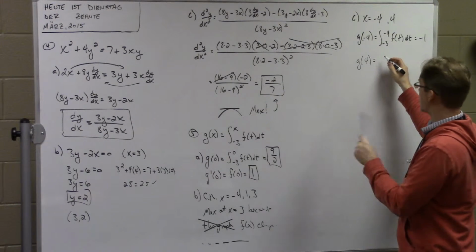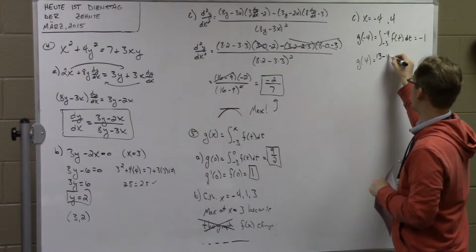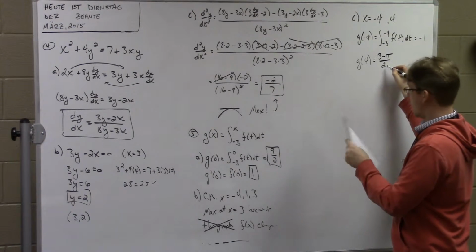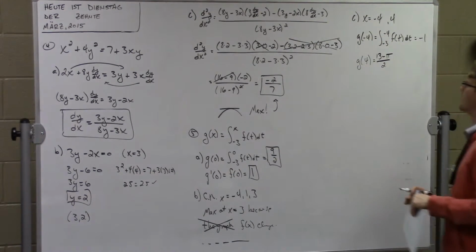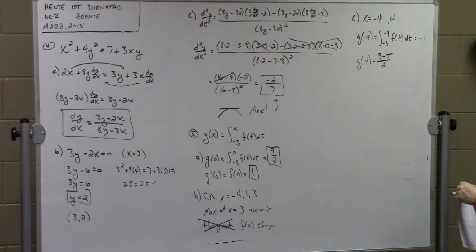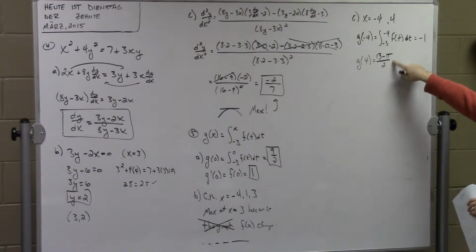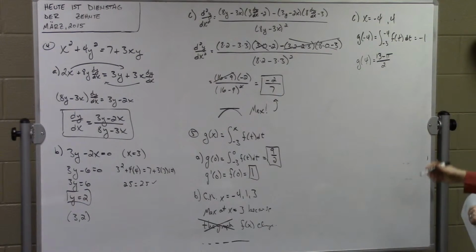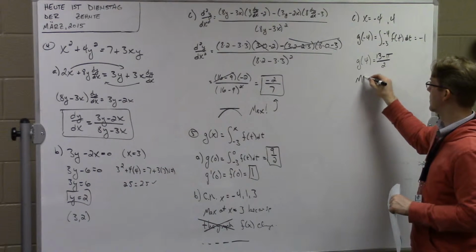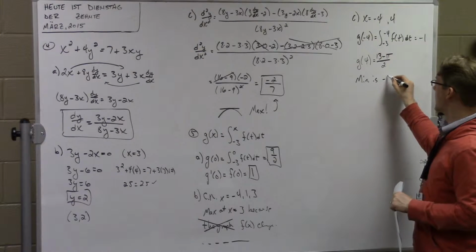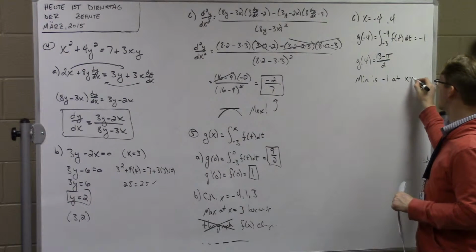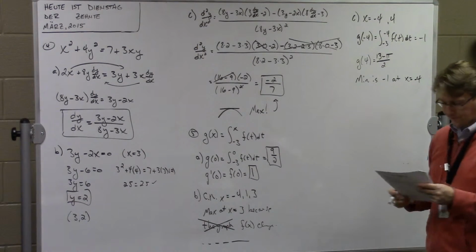So the final answer for this one was 13 minus pi over 2. Wouldn't expect y'all to come up with that quickly, but the math is there. This is clearly bigger than this. This is about 5, a little bit less than 5. That's -1, so the min is -1 at x equals -4.